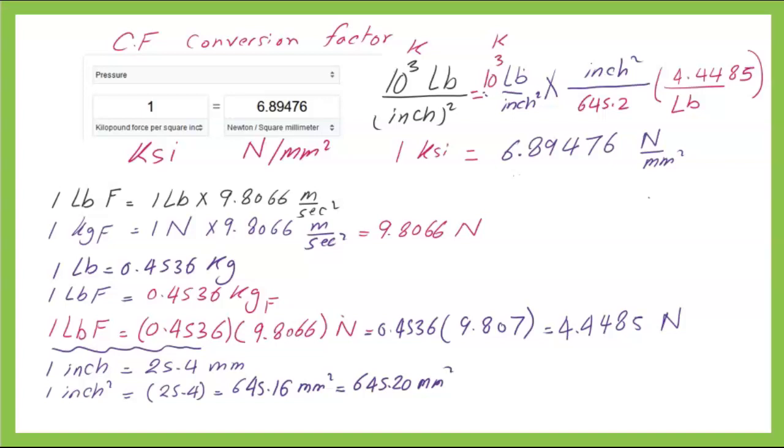There is a relation between pound mass and kilogram mass, that 1 pound mass is 0.4536 kilogram mass.